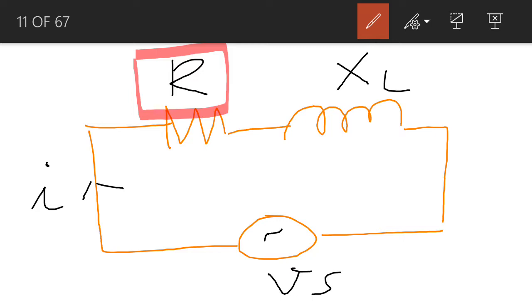Similarly, the inductor offers this much resistance to the flow of this AC current. So the resistance opposes the AC current and the inductor opposes this AC current. So we can say that this AC circuit will oppose the flow of AC current.